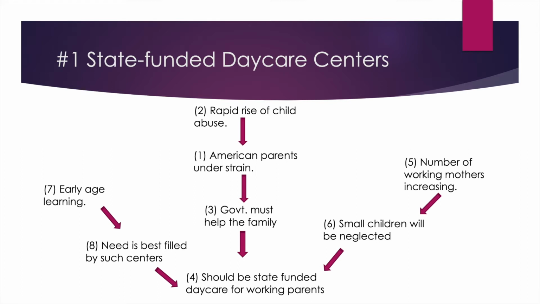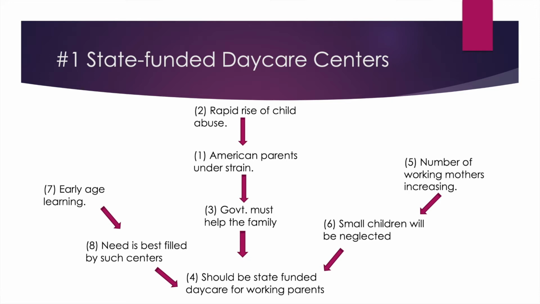Instead of 1, 2, 3, 4, they have to be rearranged to show the logical order. 2 is the evidence for 1, which in turn supports assertion 3, which leads to the policy claim, assertion 4, which functions as the conclusion of the argument. So that's that first line of argument.